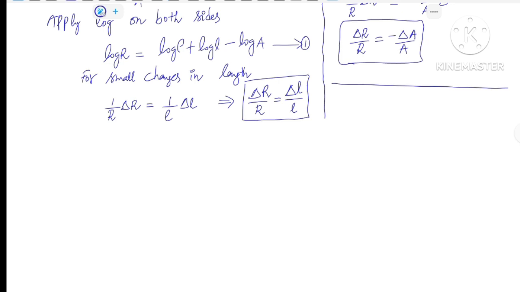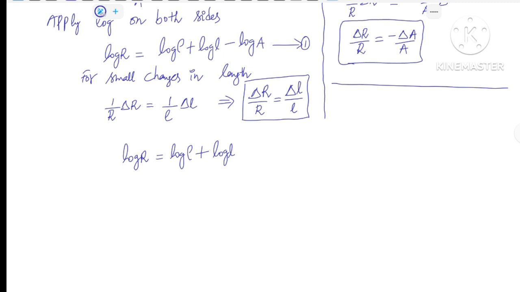So the first equation is log R is equal to log rho plus log L minus, in place of A we can have pi r square, because it is the area of a circle and we are assuming the wire has a circular cross section.